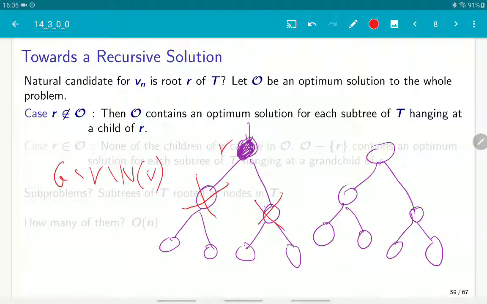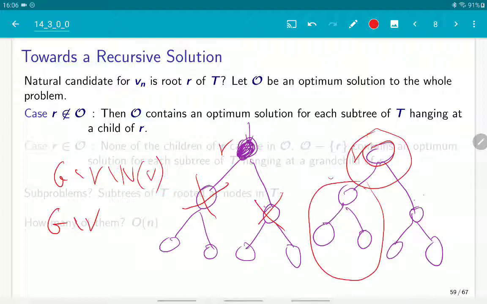The other option was to decide not to take this into the independent set, and then we recurse on G minus V. Now, the important thing, of course, is that when we remove V from a tree, what we remain with is a collection of trees. We remain with a forest. And we can now solve the problem recursively on each one of the trees.